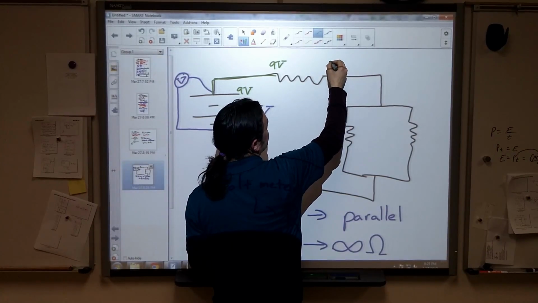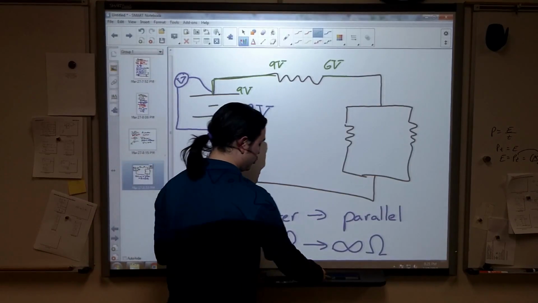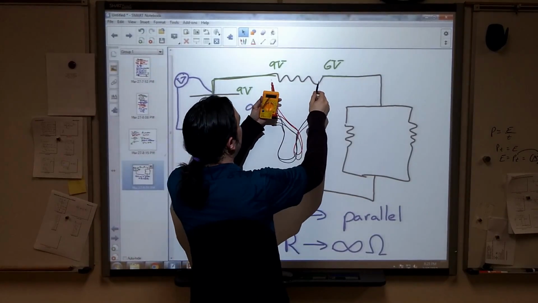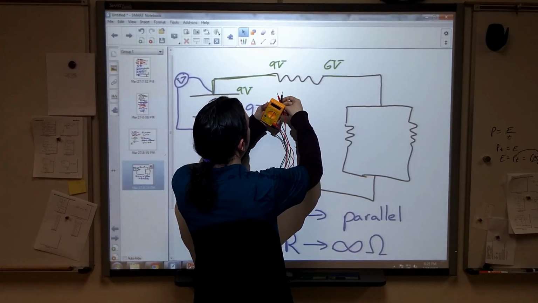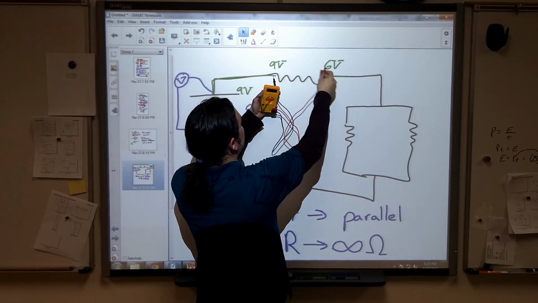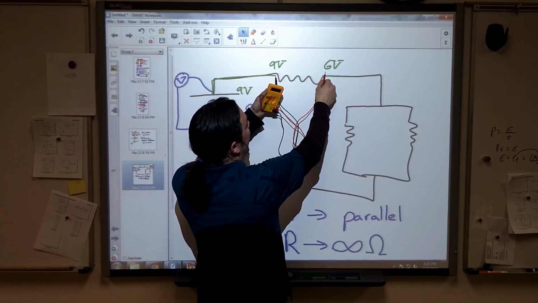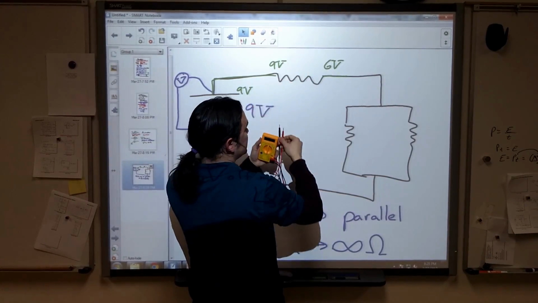I might find that this side is, let's say, at 6 volts. We have a potential drop. When I measure across from here, with the low end here, here's my reference at 9, final red minus initial black, I will read that this is 6 minus 9.